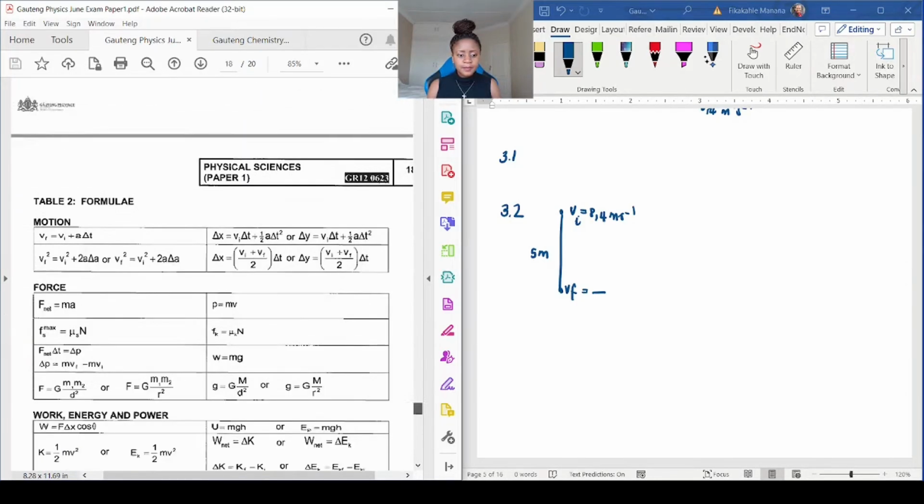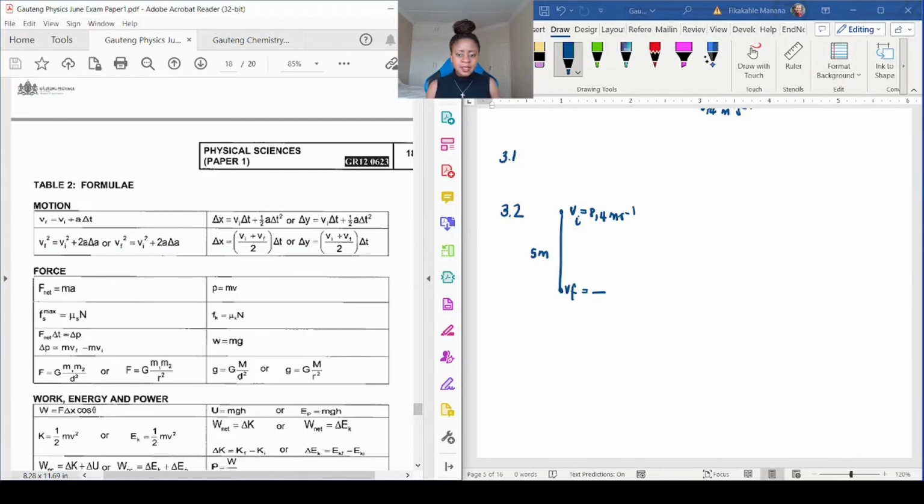I have delta y. I don't want to take an equation that has time in it. The equation that would work best is one with initial velocity and final velocity. But all of them here have time.